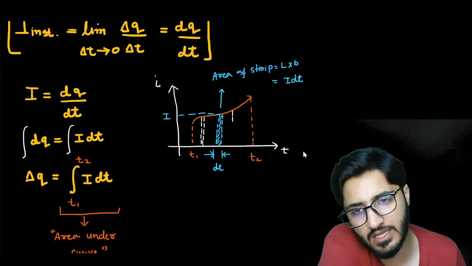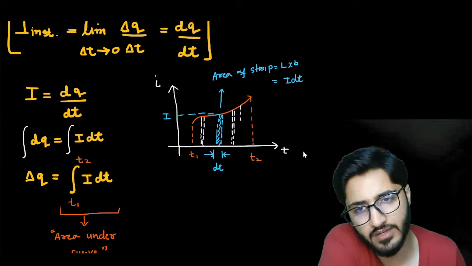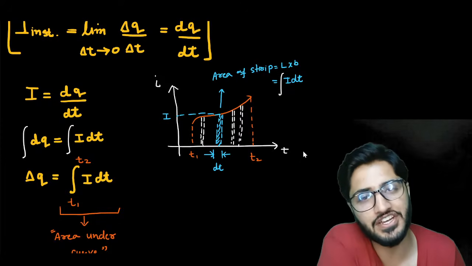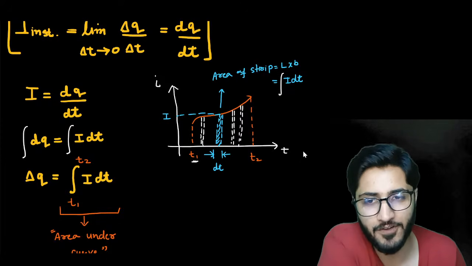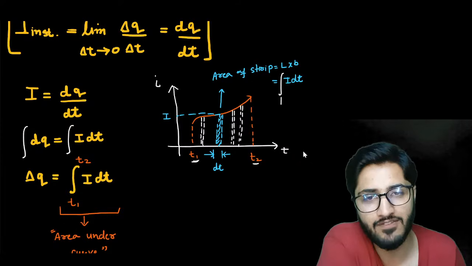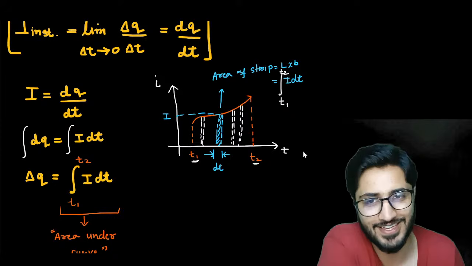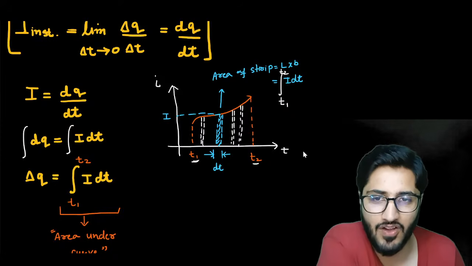I will take here one more strip, and in the same way one more strip, and then I need to add them all. Add means I will take the integration, from T1 to T2. So I will get the area of this curve.